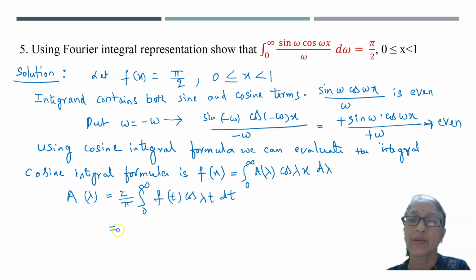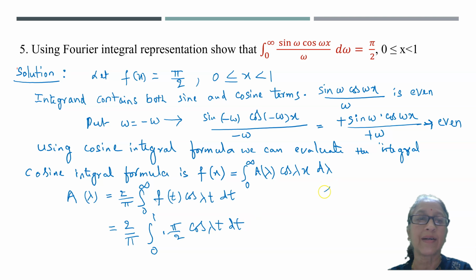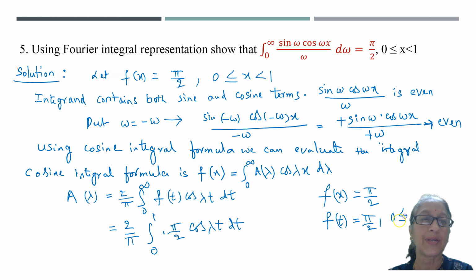So A(lambda) equal to 2 by pi integral 0 to 1. Here value of f(t) is pi by 2 into cos lambda t dt, because if f(x) equal to pi by 2, then f(t) is also equal to pi by 2, and 0 less than or equal to t less than 1.